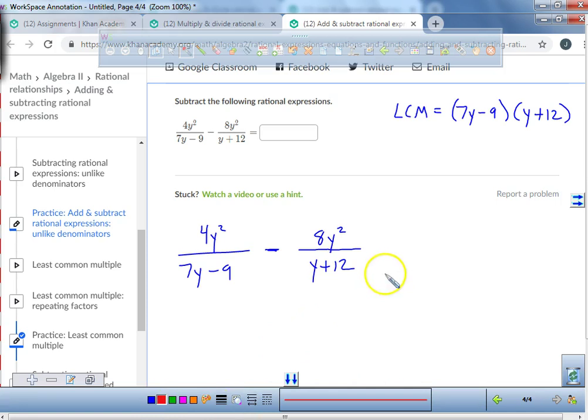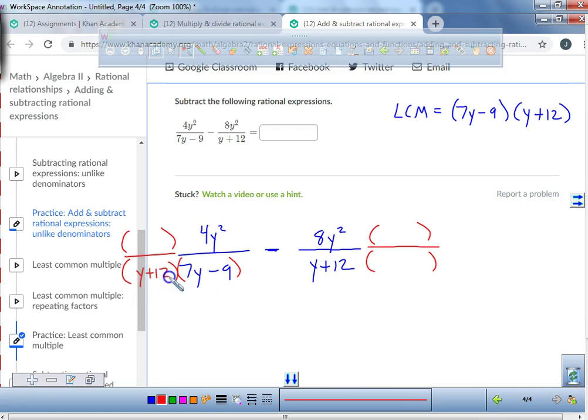So right now, once again, we're going to multiply one side by something and the other side by something. What do you think we're going to have to multiply this 7y minus 9 by? The other one, you're right, the y plus 12.